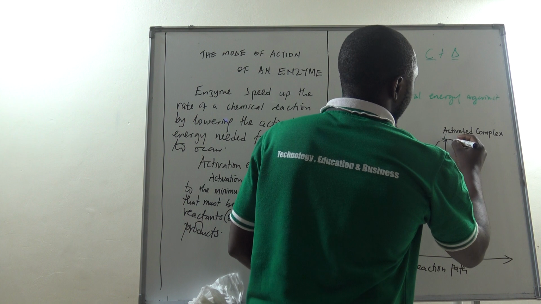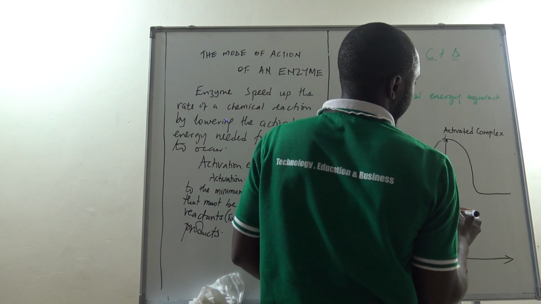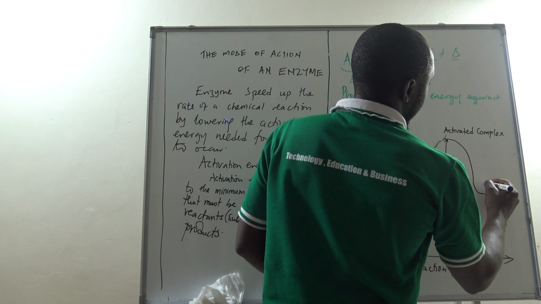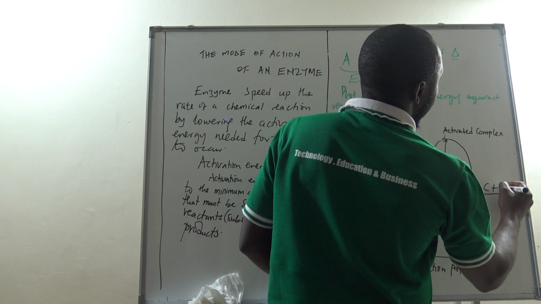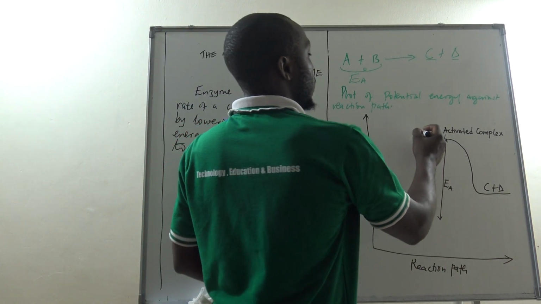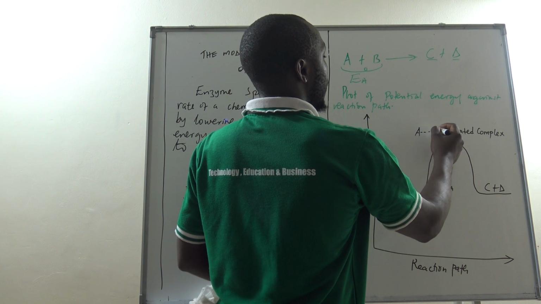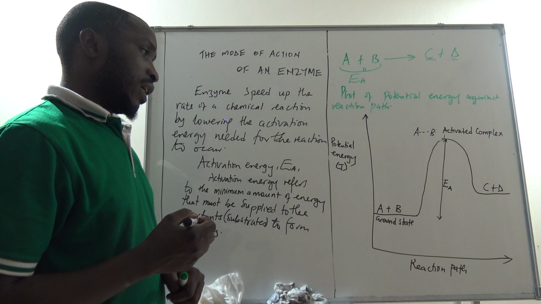Now the activated complex can break down to form products, let's say in our case to form C and D from A and B.